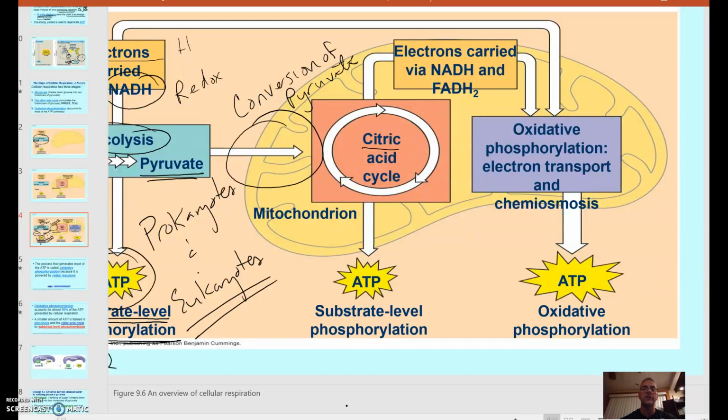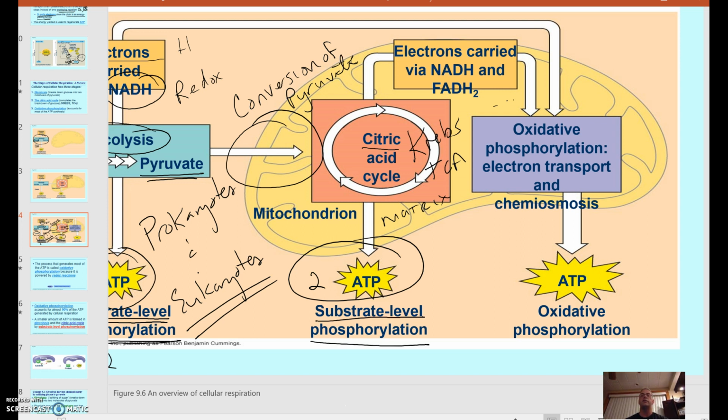Citric acid cycle is also known as Krebs. It's also known as TCA or tricarboxylic acid, and that is occurring in the matrix. Okay, so that's this inner area of the mitochondria. And from that, we're going to make some ATP, but only 2 molecules. And once again, substrate level phosphorylation.